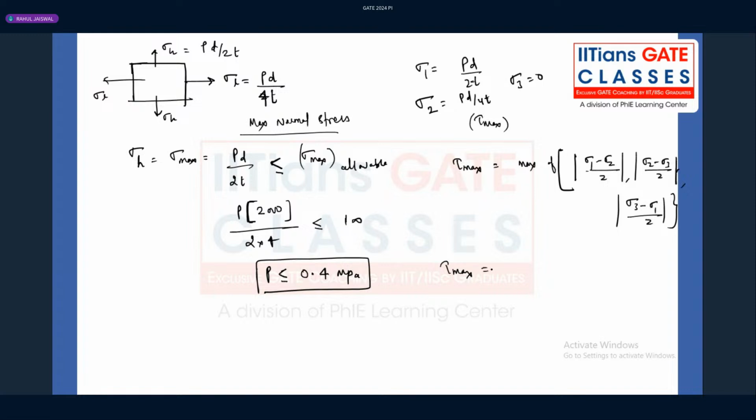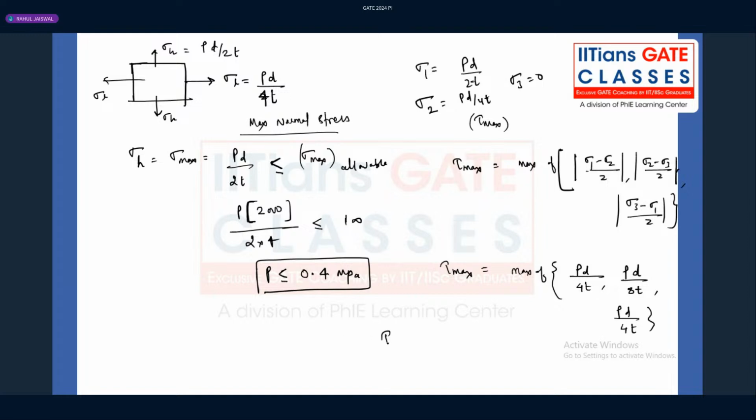Then what is the tau max, guys? Maximum of PD over 40, PD over 80, and then we have PD over 40.